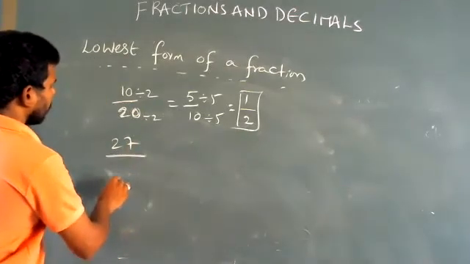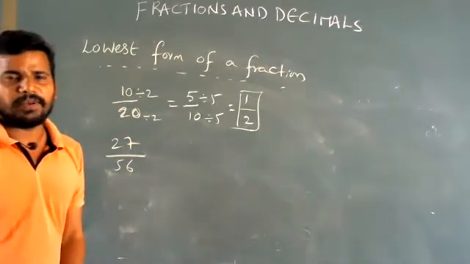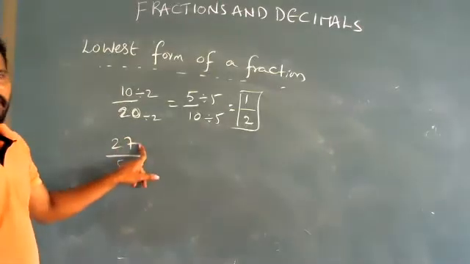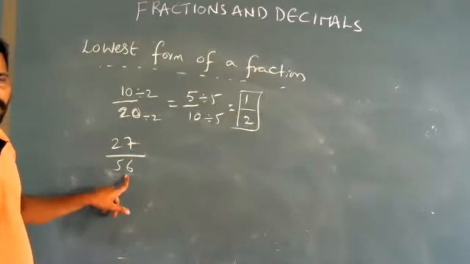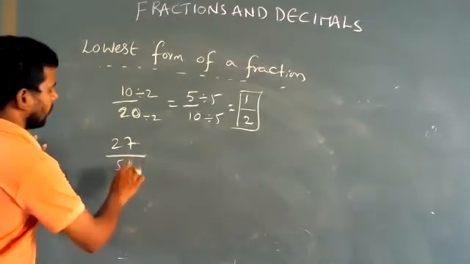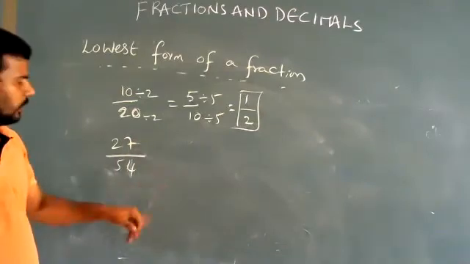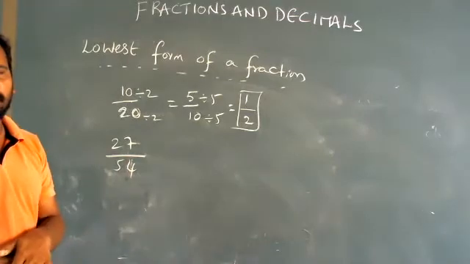27 by 54. 27 is a multiple of 9 and 54 is also a multiple of 9.